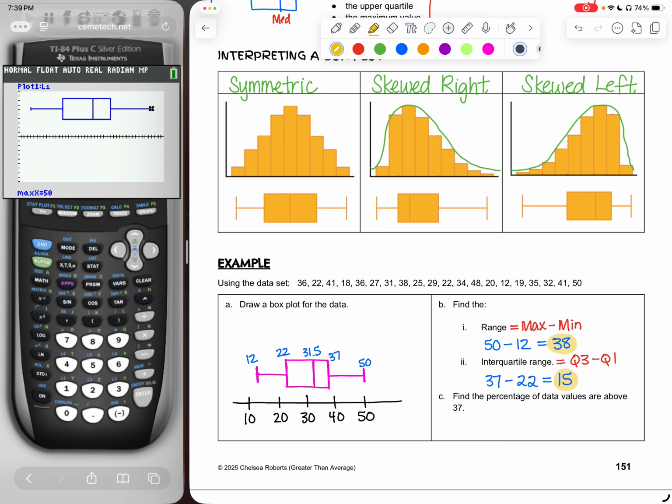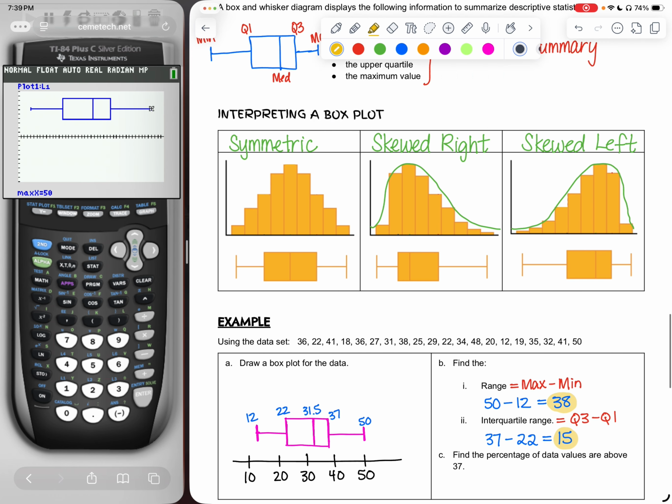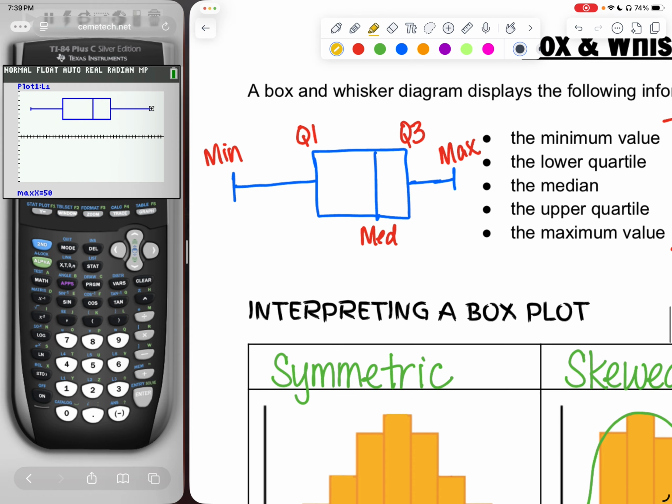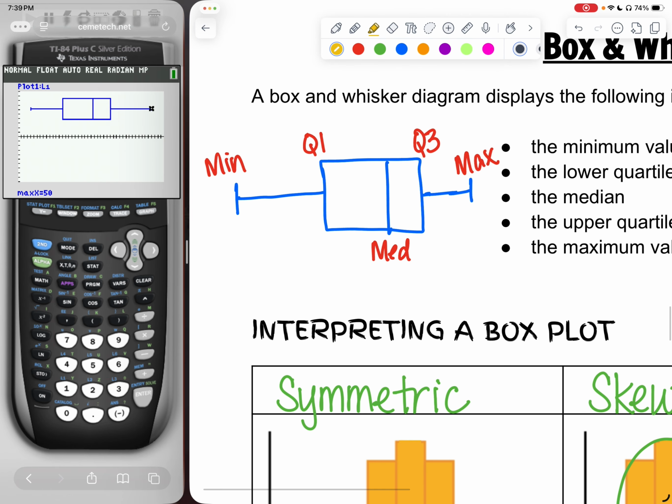So now for part C, it says find the percentage of data values that are above 37. So really quick, let's go back up to this sketch of this box and whisker plot. One thing that you need to understand here is that each section of your box and whisker plot is worth 25%.